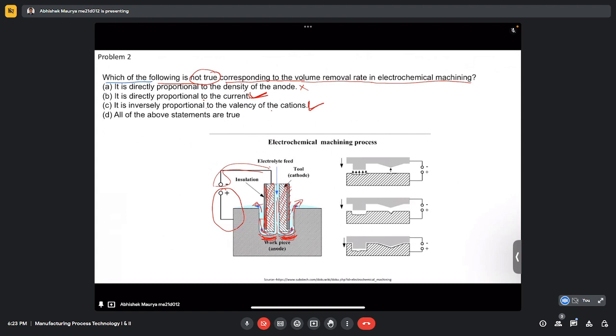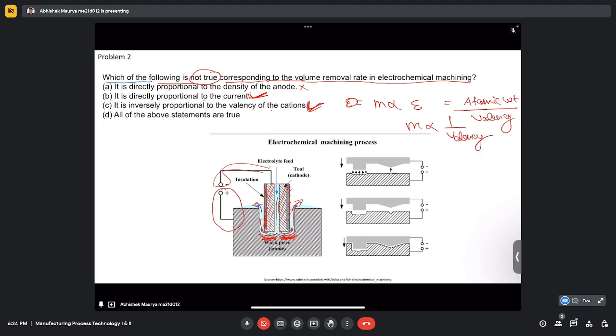It is inversely proportional to the valency of cations. Yes, because already I told you the MRR or M is directly proportional to epsilon. Epsilon is nothing but atomic weight by valency. So we can say M is inversely proportional to the valency.